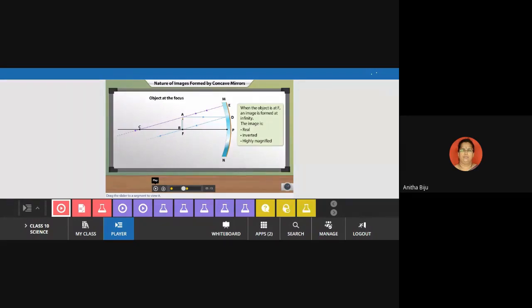While I am explaining this, you can listen and draw it. The image is formed at infinity when the object is placed at focus. The characteristic features are: the image is real and inverted, and second, highly magnified. So this is all about the characteristic features of the image.